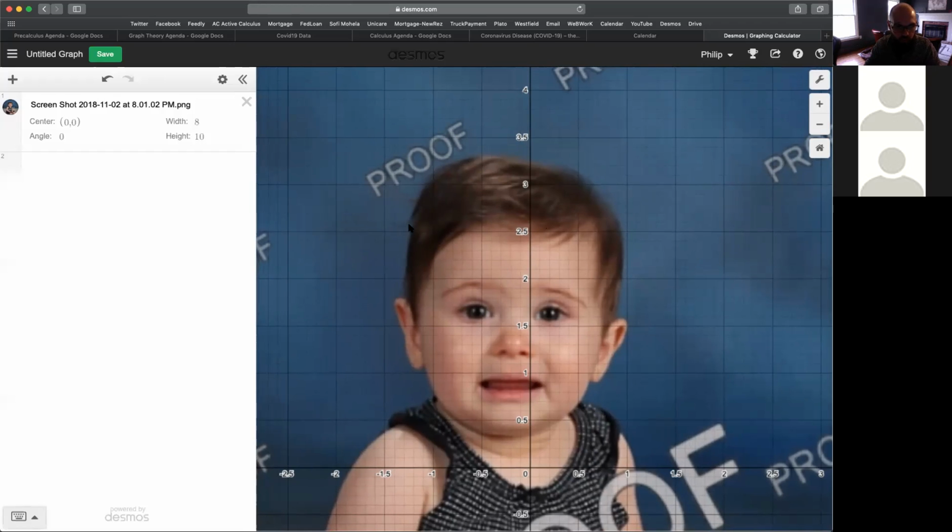Probably what I see here is a little bit of a wave, so we might be able to do something with trigonometric functions, some sort of wavy thing going on here, or we might be able to just trace the outline.